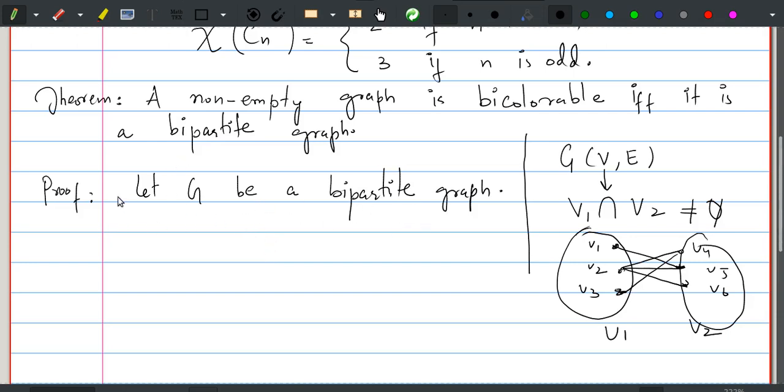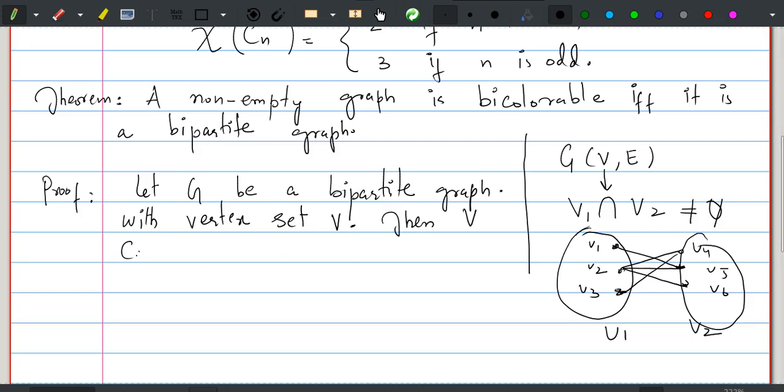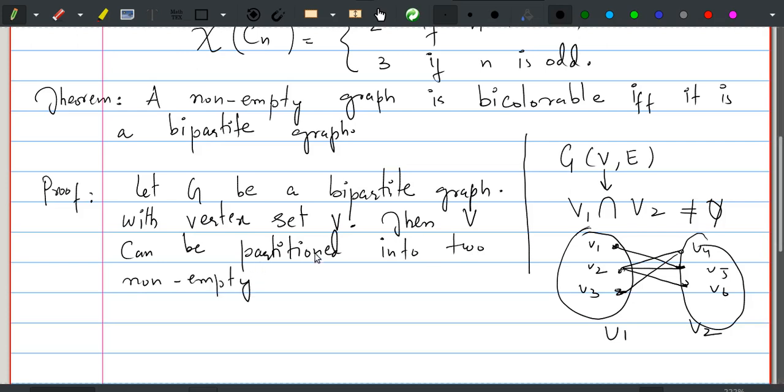So let G be a bipartite graph with vertex set V. Then V can be partitioned into two non-empty disjoint independent sets.